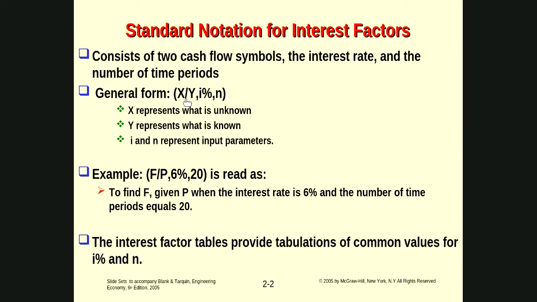How do we read it? X given Y. What is the given one? We agreed that the present is the given, and the unknown is the future. So we say F given P, for an interest rate of 5, for how many years?